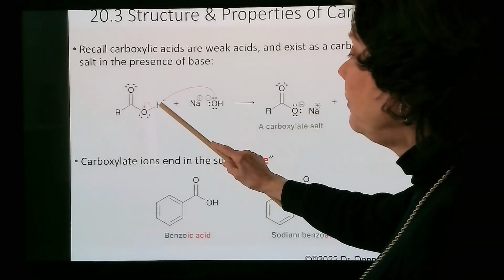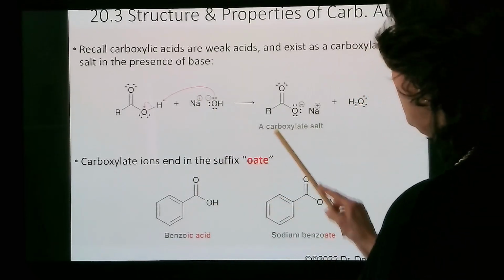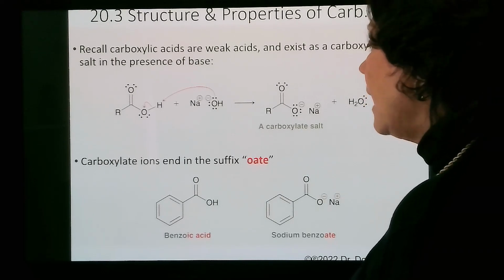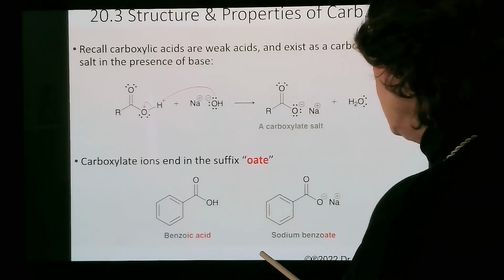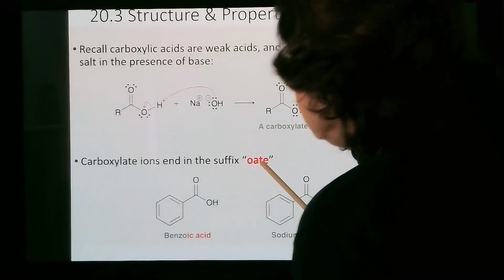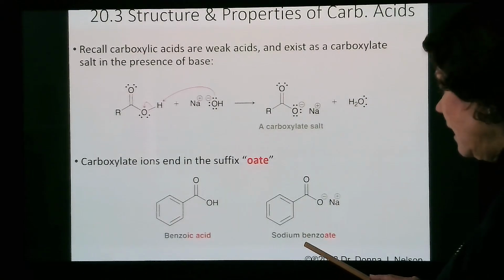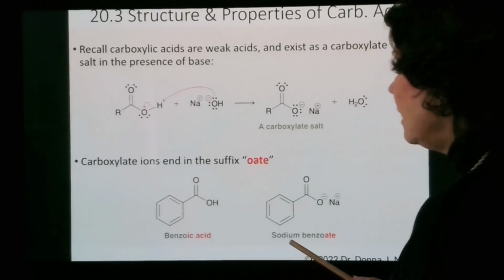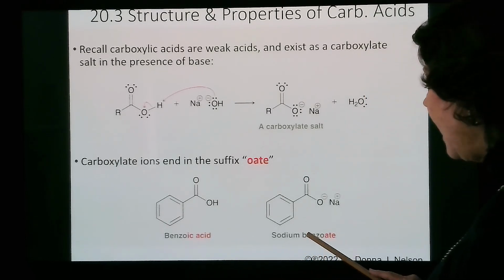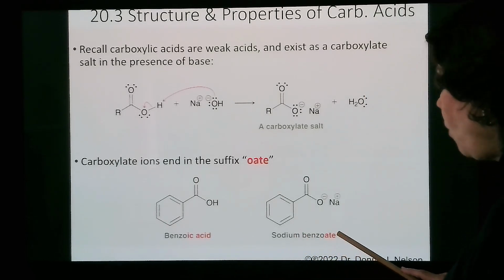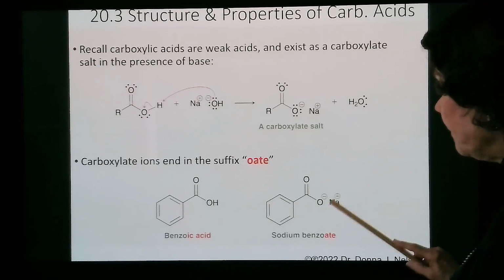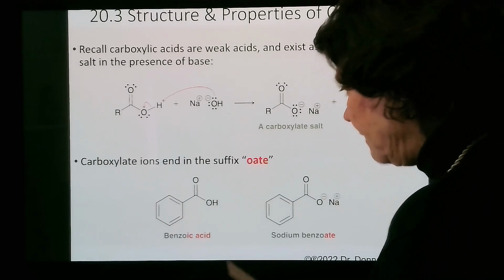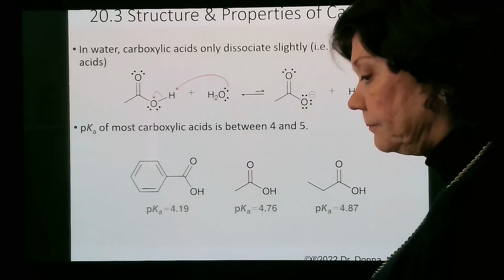The base will pluck off a proton easily, and you will have the carboxylate salt. Carboxylate ions in nomenclature end in oate. So benzoic acid has the suffix benzoate. So this is named as sodium benzoate. Benzoate, the derivative of benzoic acid.